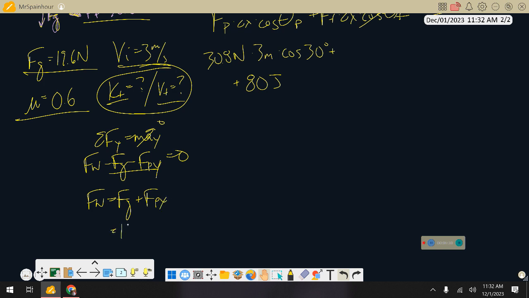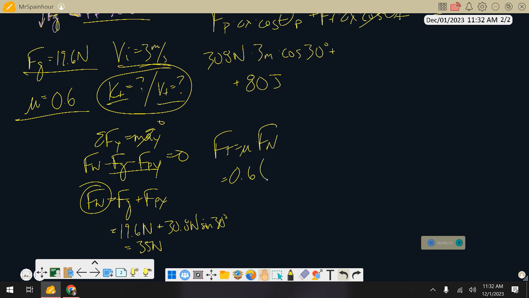Plugging in here, we get 19.6 plus 30.8 newtons sine of 30, and you end up with 35 newtons. Of course, with that force normal, we go get force friction: 0.6 times 35 newtons, and you end up with 21 newtons.